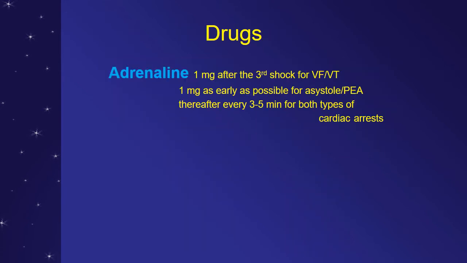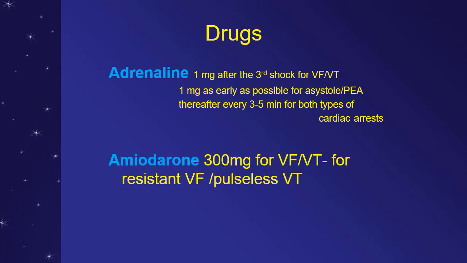So, what are the drugs that you will be using during advanced life support? As I mentioned earlier, the most important drug is adrenaline. You will be using 1 milligram, so you can't afford to forget the dose. There's no time to learn the dose during resuscitation, so you have to remember the dose, and the dose is 1 milligram.